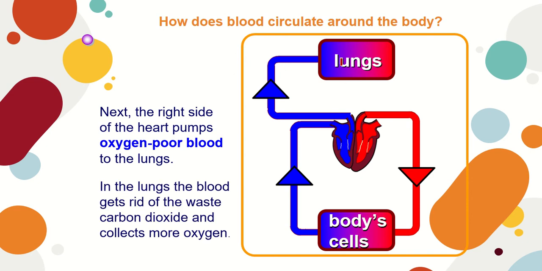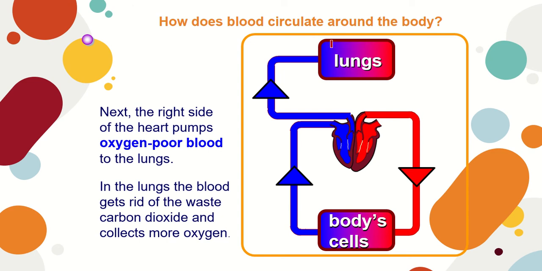And in the lungs, the blood gets rid of the waste carbon dioxide and collects more oxygen. So dito, kay lungs, magpapalit ng oxygen and carbon dioxide exchange dun sa part ng alveoli or air sacs.